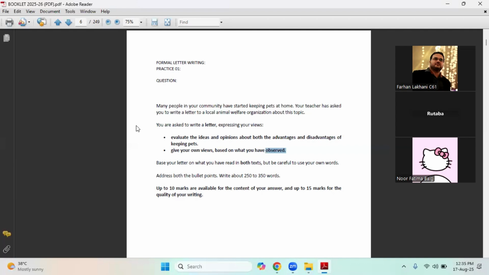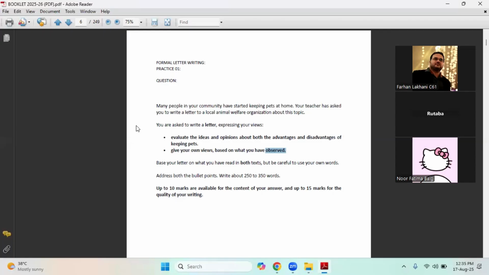If you think keeping pets is a disadvantage, go for it. If you think keeping pets is an advantage, go for it. In your opinion, they are not going to judge your perception about it. They are only going to judge the content you write and the language you write. Please be specific about it.